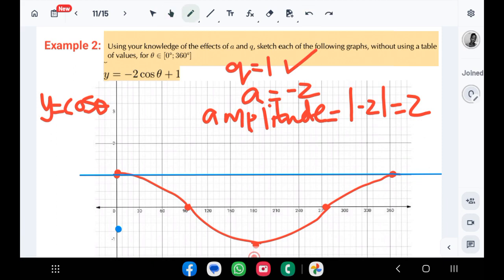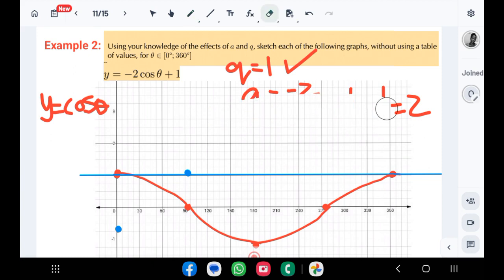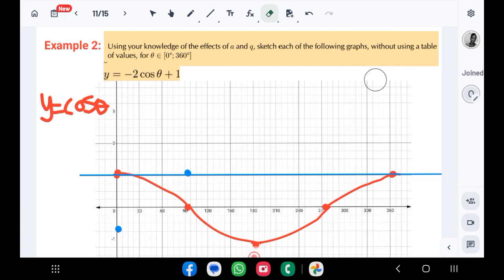Now the next thing we plot is our maximum turning point. We're supposed to have a minimum turning point at -2, but that has been flipped upside down, so it will be a maximum turning point at 2. There is 2, so that's the point where we will be.